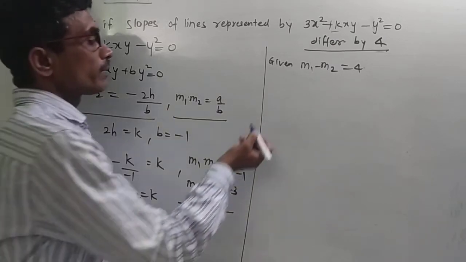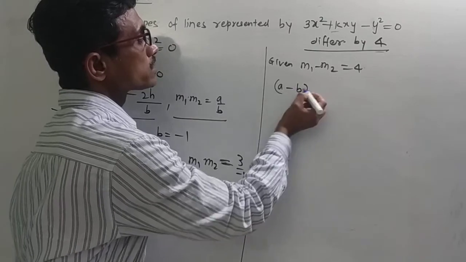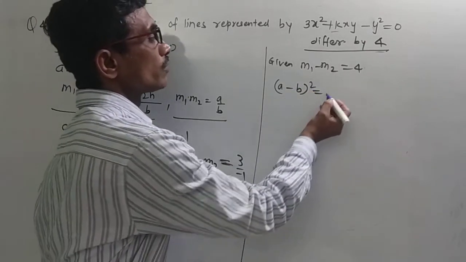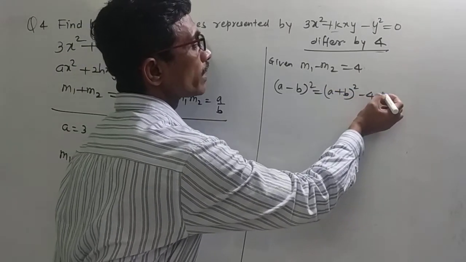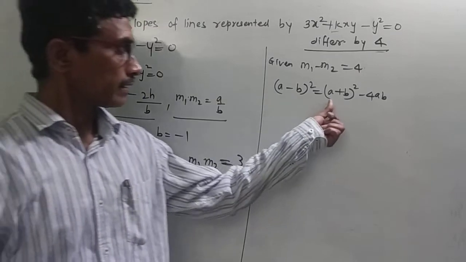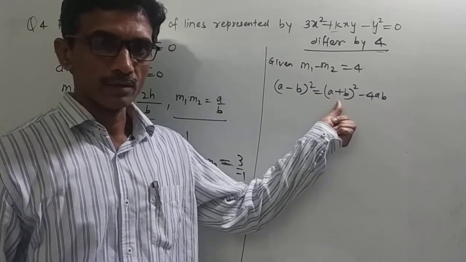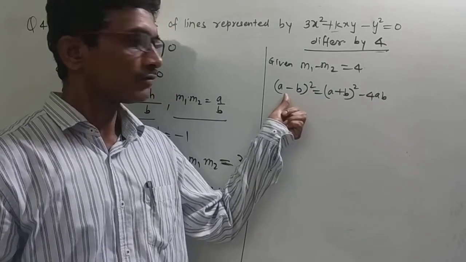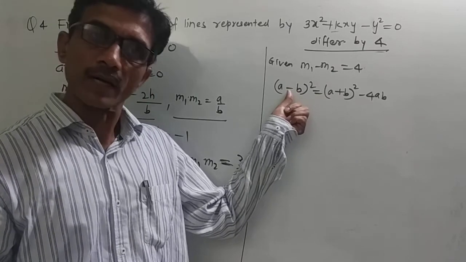So we should keep in mind the identity: a minus b whole square is a plus b whole square minus 4ab. If we expand it, the left side gives a square plus b square, and the middle term is minus 2ab.